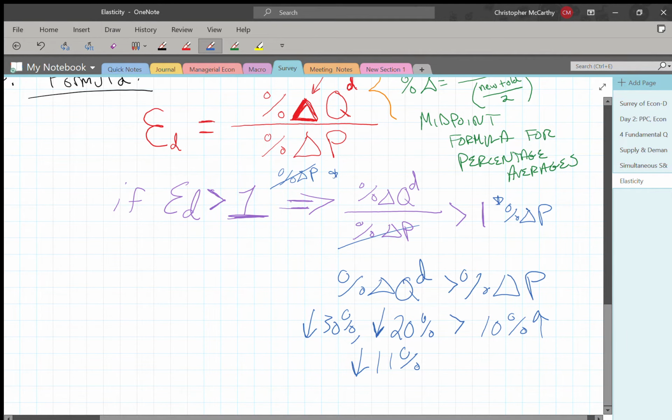It just couldn't be something like 9%, right? So that's what this value is telling me. It's telling me that the responsiveness of the demand is greater than the change in the price. And so this is what we call elastic. Elastic, like a rubber band, right? It stretches a lot.